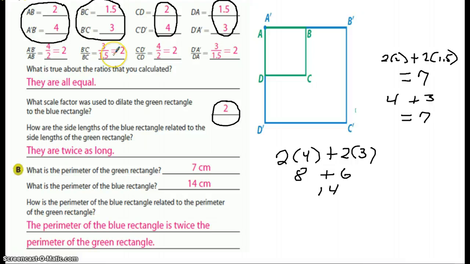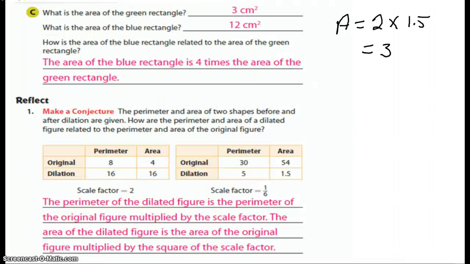So here we have 4 and 3. So we go back and we would have area is equal to 4 times 3, which is, of course, 12. And notice that the author did put centimeters squared here because you are multiplying units times units, so you would get square units.